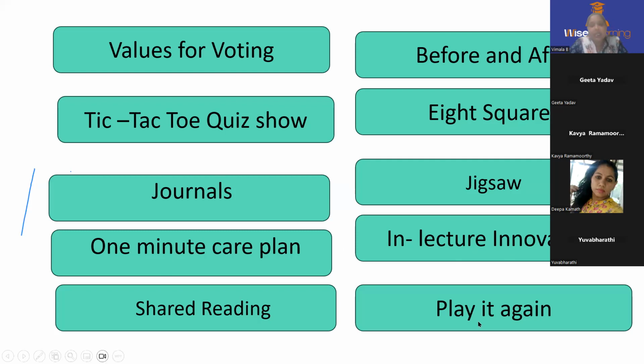Play it again is a revision activity. Here the question paper and the test are already done. Now I'll make peer groups, and the students will exchange whatever they have learned. So that is play it again.